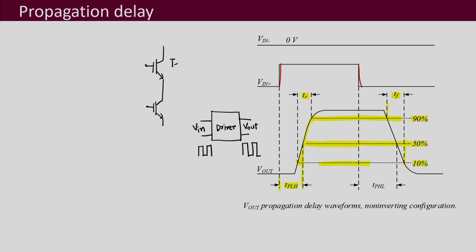This is your T plus and this is your T minus, and we had discussed that your T plus, let us say this is the signal, goes from high to low, and as it goes low there is a gap that is given, which is called the dead time, after which T minus goes high.